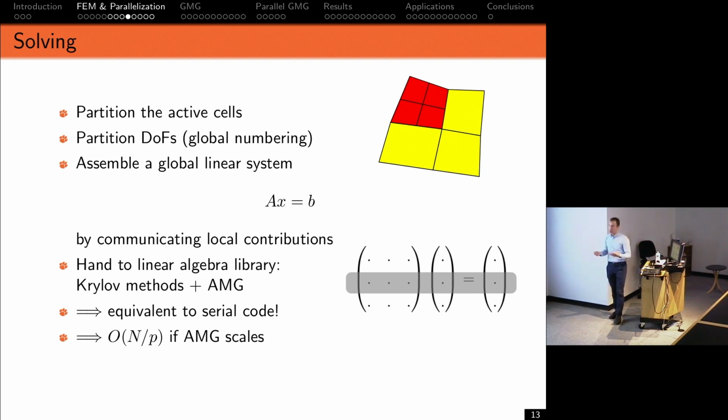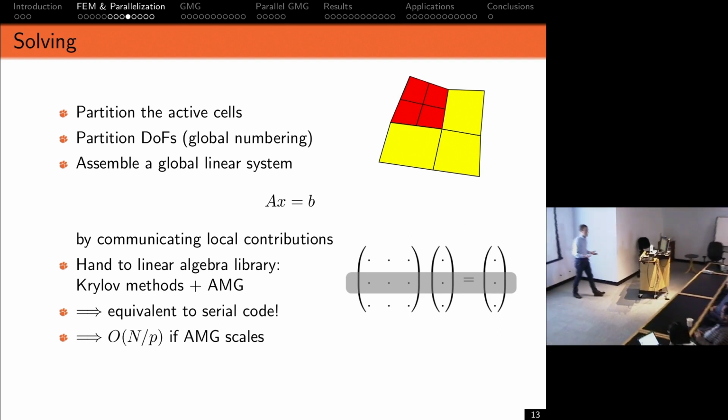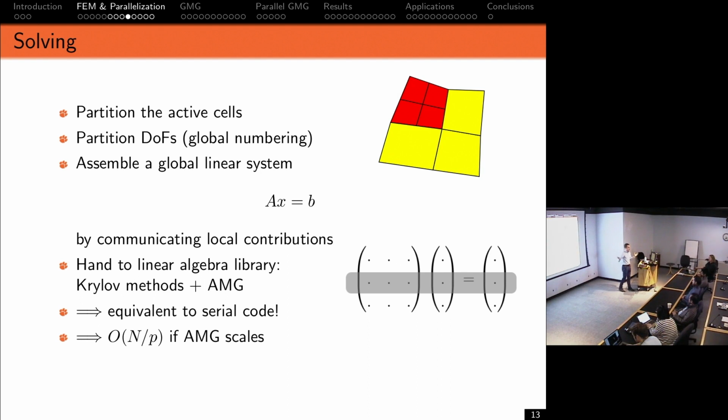And if I number them globally in the correct way that everybody knows how that works, I can basically assemble the linear system as if it would live on one processor, right? There's some local communication, of course, that happens on the interfaces. But conceptually, you can take your linear system and chop it up in blocks of rows, distribute the storage between the processors, and then you have a distributed linear system that you can solve. Well, if you have solvers.